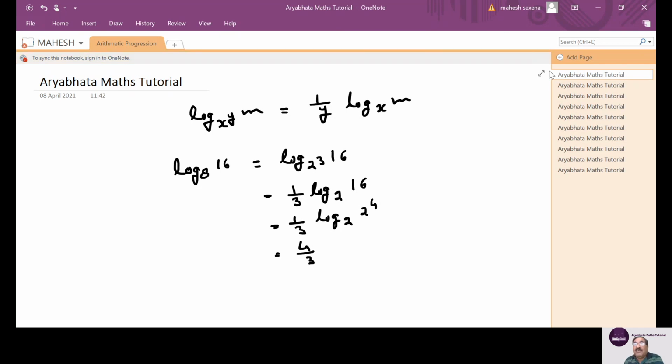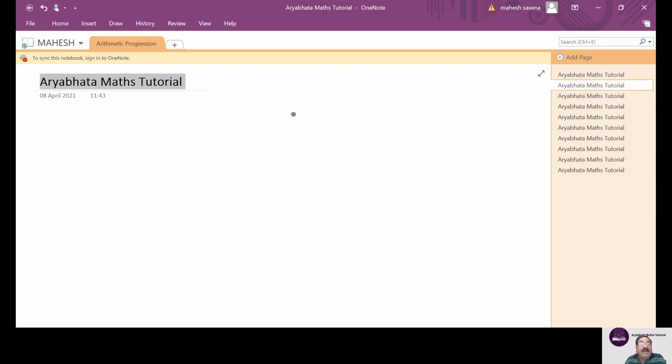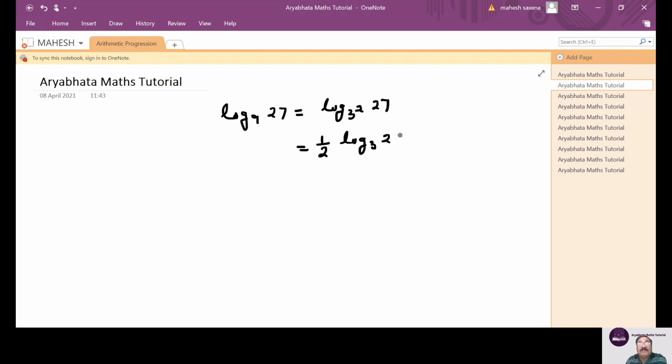Suppose I take another example. Let's say you have to find the value of log base 9 of 27. You can write it as log base 3 squared of 27. Therefore, you can write it as 1/2 log base 3 of 27.